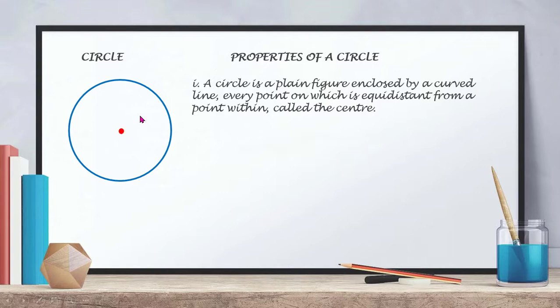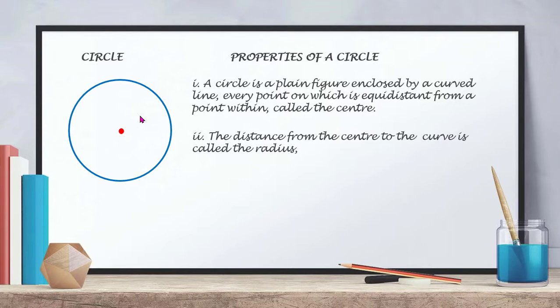Property number 2. The distance from the center to the curve is called the radius. So here we've got the green line with an arrow.